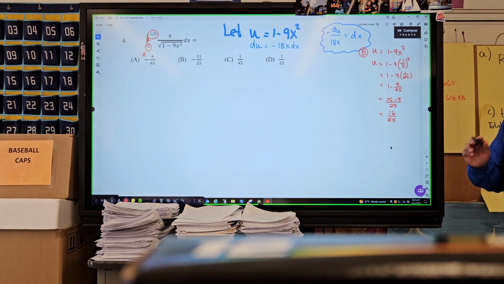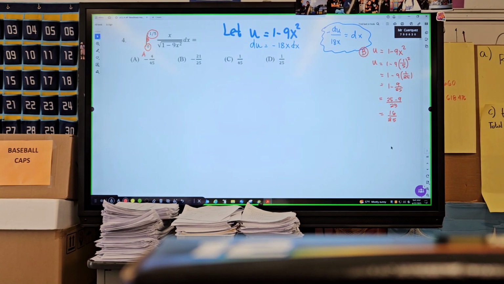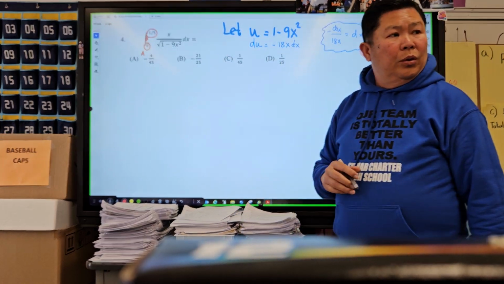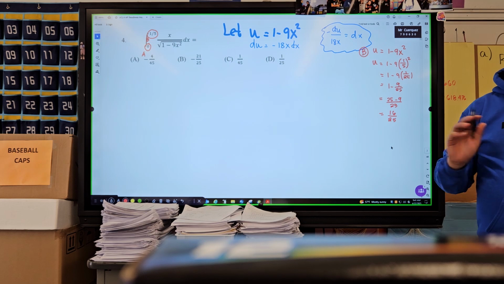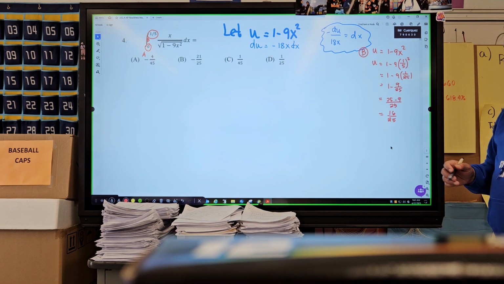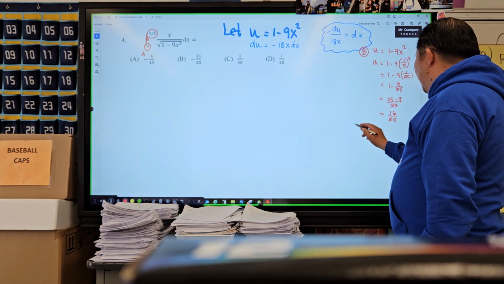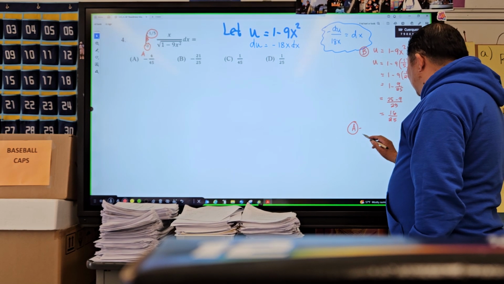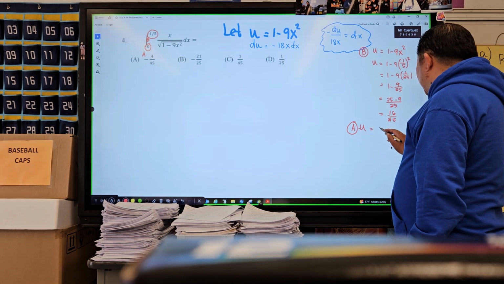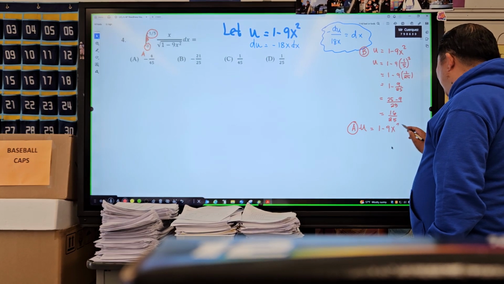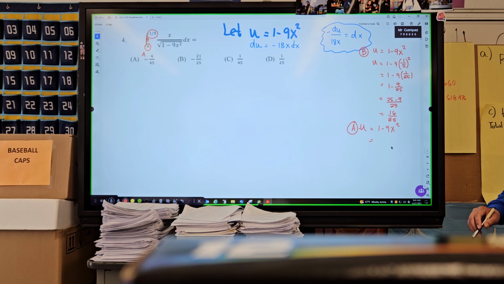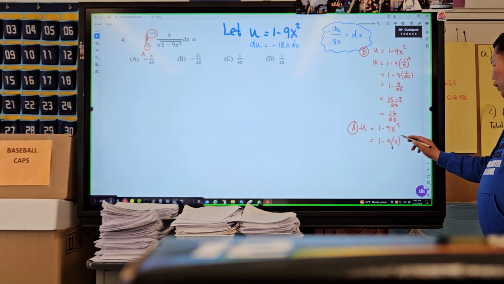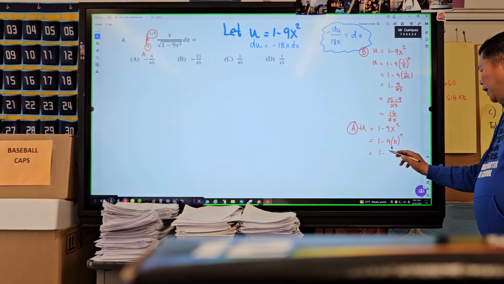And we cannot interchange this anymore, because originally the limit is from 0 to 1/5. We don't have to change the order. Now for a, u is equal to 1 minus 9x squared, so the lower limit is 1 minus 9 times 0 squared, which is 1 minus 0.